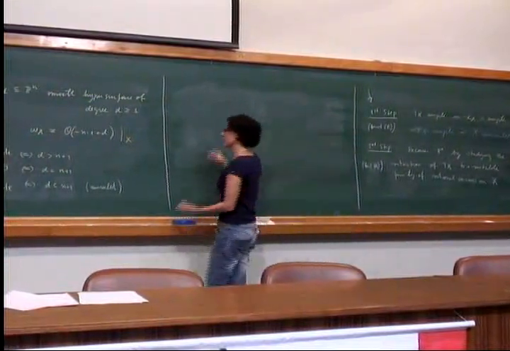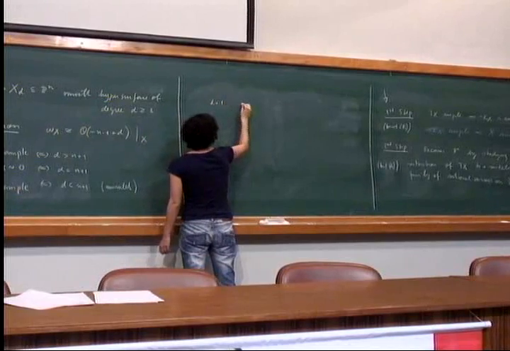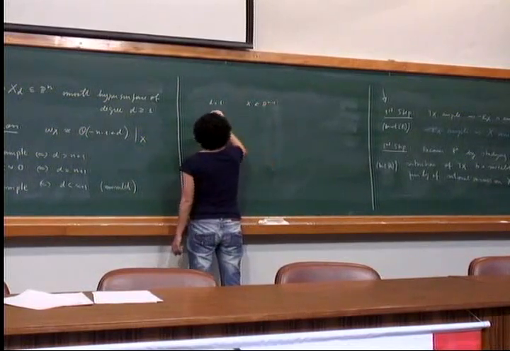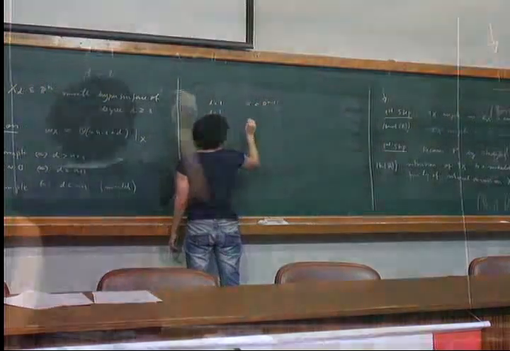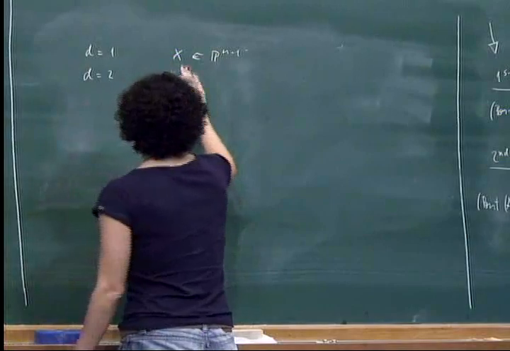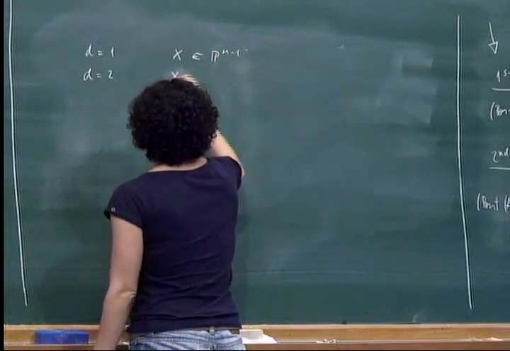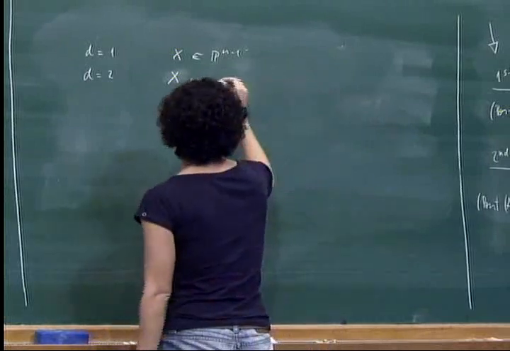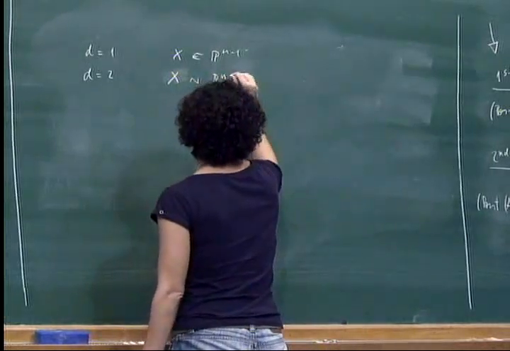Now, for instance, if d equals 1, then X is just P^{n-1}. If d equals 2, then X is a hyperquadric, and then we can do a stereographic projection to show that X is birational to P^{n-1}.